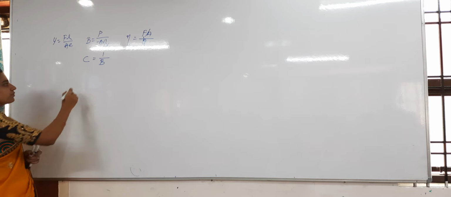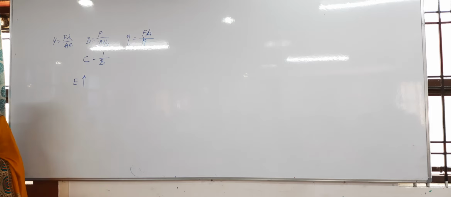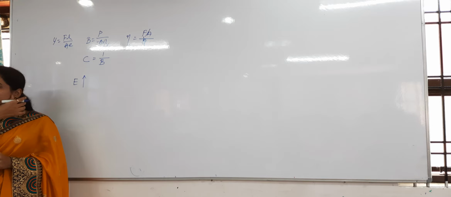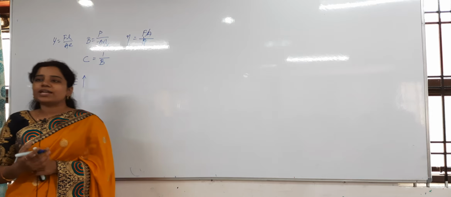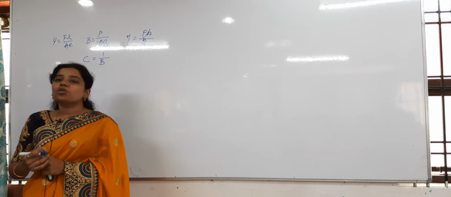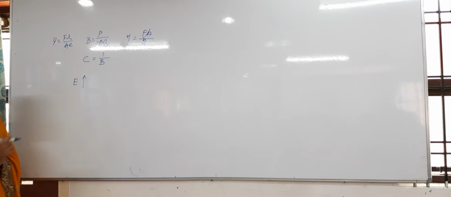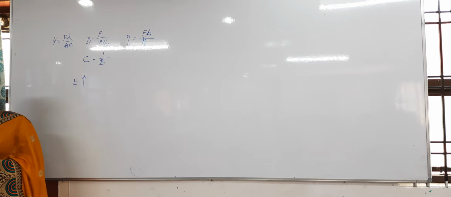In that modulus of elasticity E is increasing, nothing but what is increasing there? No, whenever the material which is having more E value, is that more elastic or less elastic? More elastic. As the E value increases, then elasticity also increases. In that we have discussed the different factors which will affect the elasticity of a material.